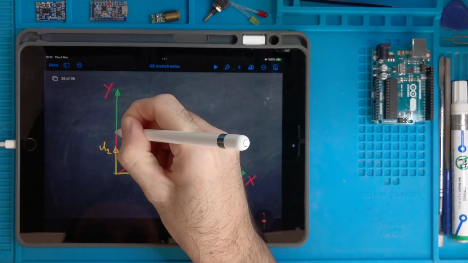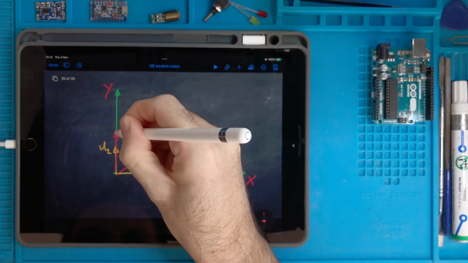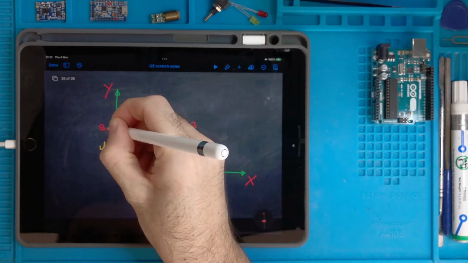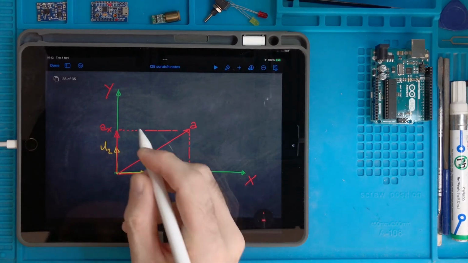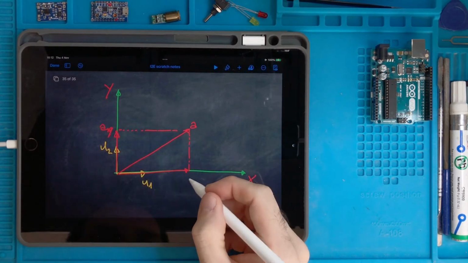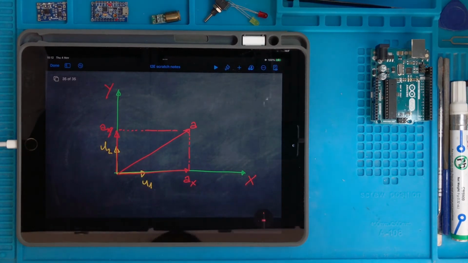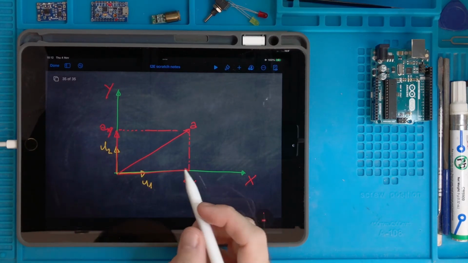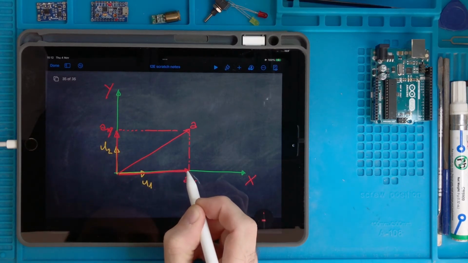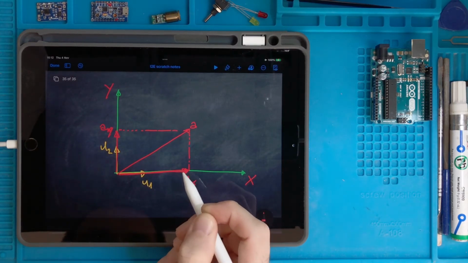I call this one AY, and this is AX. So AX is a number, but it can also be this specific vector here.